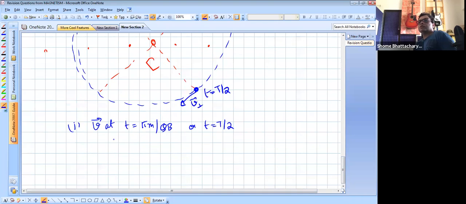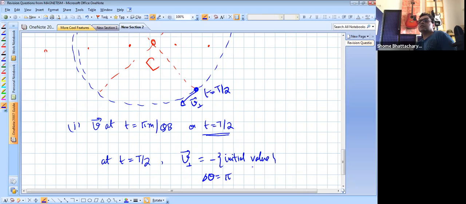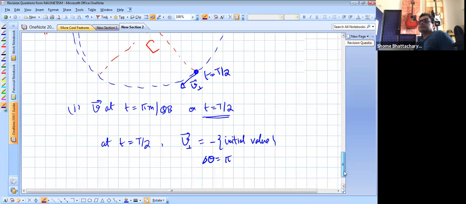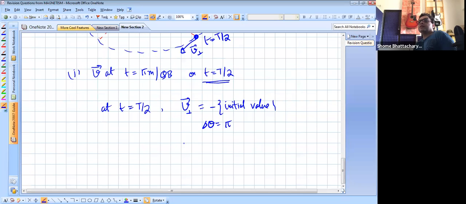Okay. So at this particular time, the perpendicular component of velocity will become negative of its initial value, because the angular displacement is equal to pi, and the parallel component of velocity is unaffected.